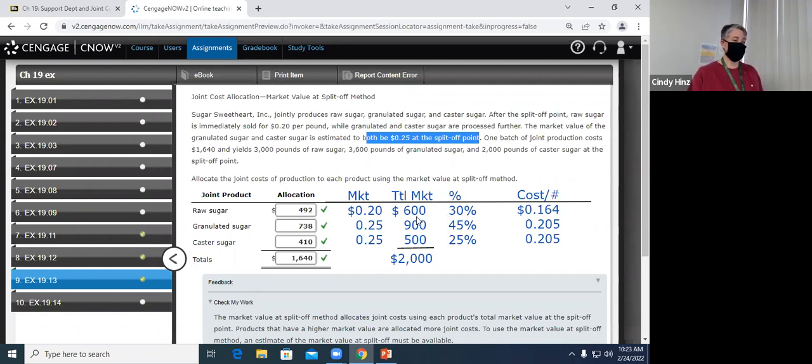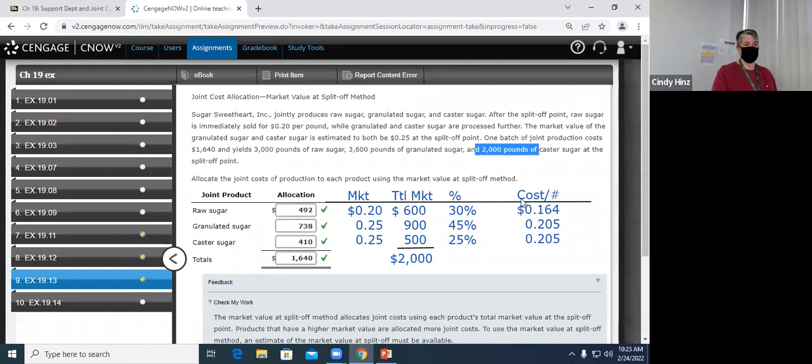So then we find the total market value by taking the total pounds that are going to be produced of each of the products and multiplying by its market value. So for raw sugar, 3,000 pounds at 20 cents per pound is the $600. For granulated sugar, we're going to produce 3,600 pounds at 25 cents per pound, that's the $900.